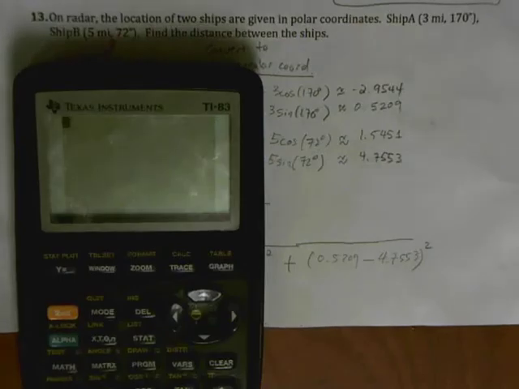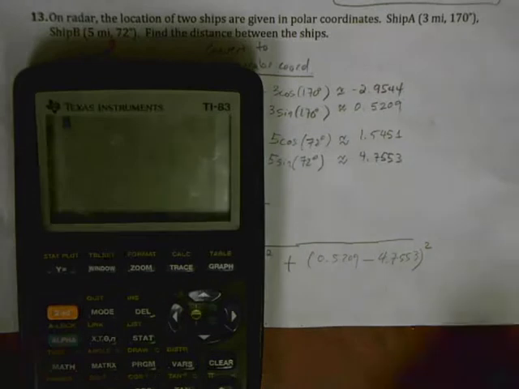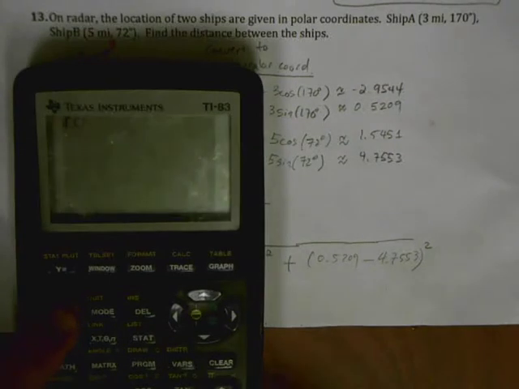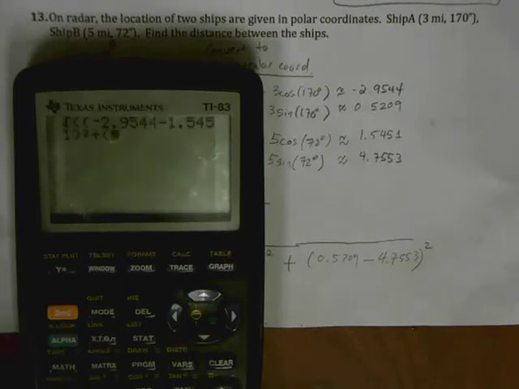Type all this here into a calculator. Get the square root, and this is going to be kind of a nasty thing to type into a calculator. 2.9544 minus 1.5451 squared plus quantity 0.5209 minus 4.7553 quantity squared.